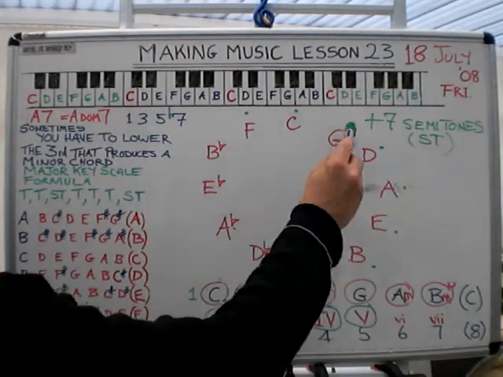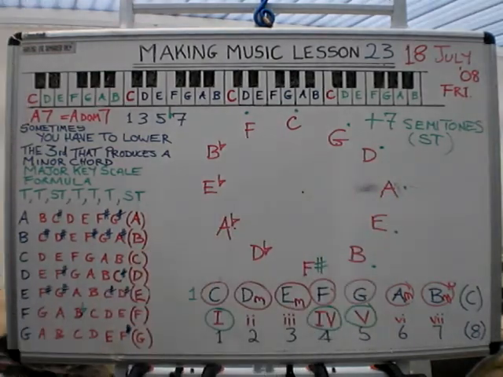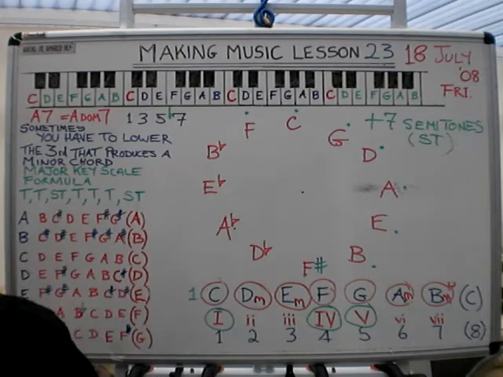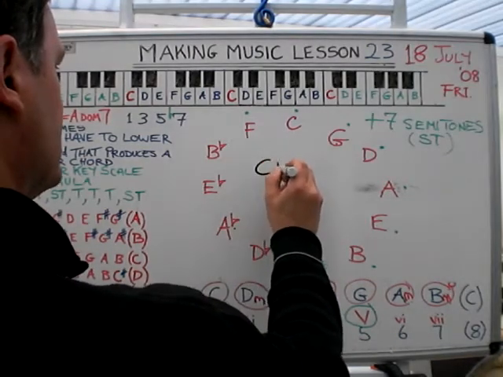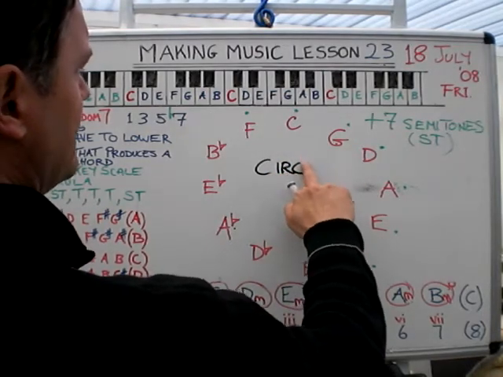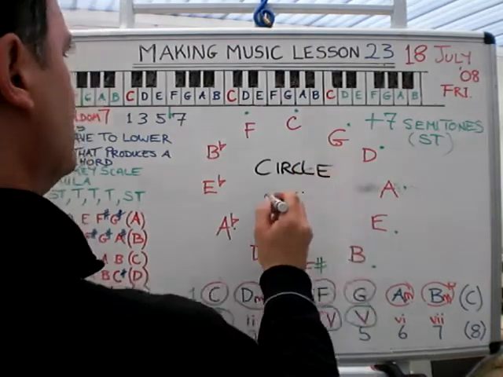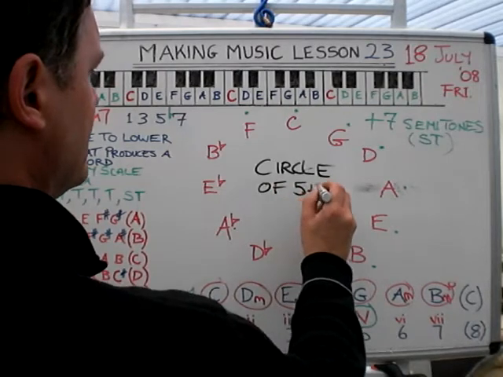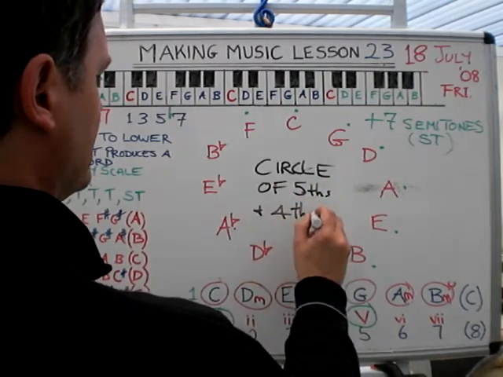If you note this scale, this circle is called the circle of fifths and fourths. Let me write it here. I'll do it in black. Circle of fifths and fourths.